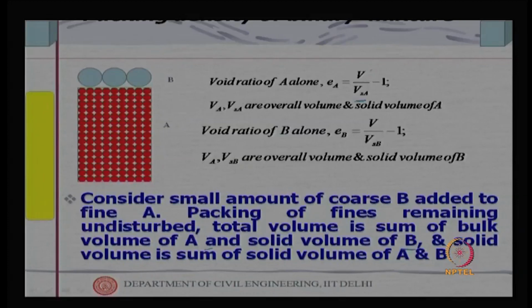So, total volume will be the bulk volume of A plus the solid volume of B, and the volume of solid is the solid volume of A plus the solid volume of B.